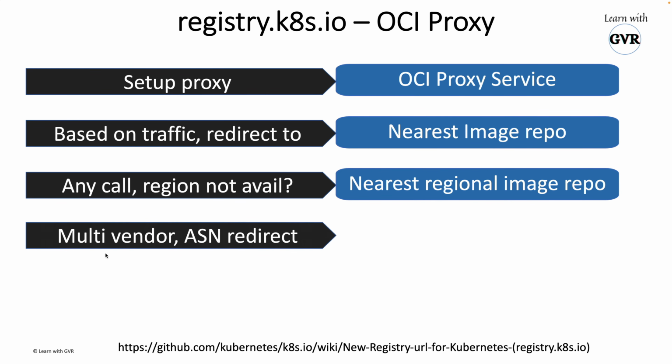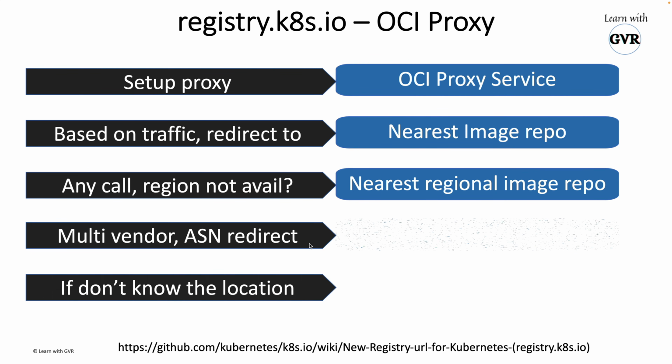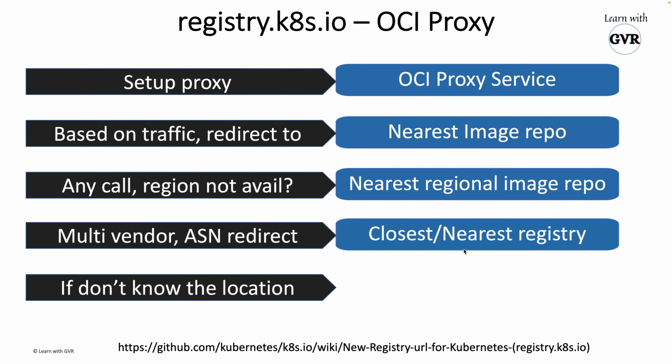And this registry.k8s.io is multi-vendor. So far it was Google Cloud only, but now it's multi-vendor, and based on the ASN, they will identify from which IP this kubeadm init is coming, and based on that they will redirect to the nearest registry.